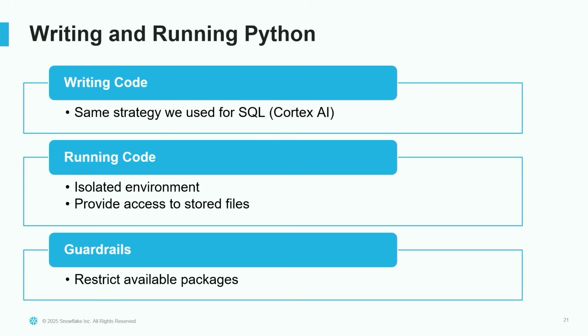You have to assume they're going to try to do some interesting, malicious things. You want to make sure they can't do that. The other thing is the AI will get very creative with how it solves problems using Python. You want to be sure that it can't be too smart for its own good and cause problems for you down the line.